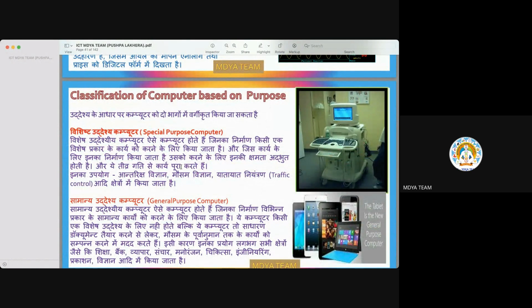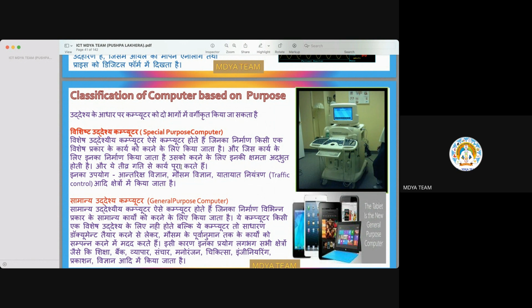As the name specifies, they are made for some special task, like to study or to communicate with other space organizations, to do research work, to know more about our Earth, beneath the Earth, meteorological department, weather conditions of Earth.